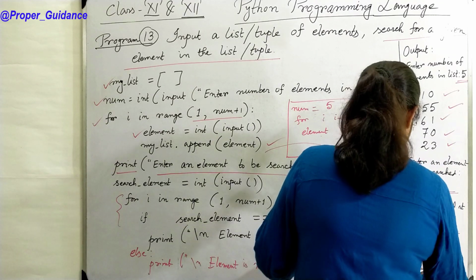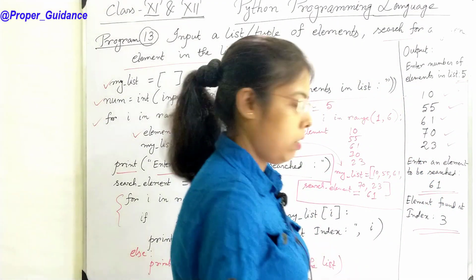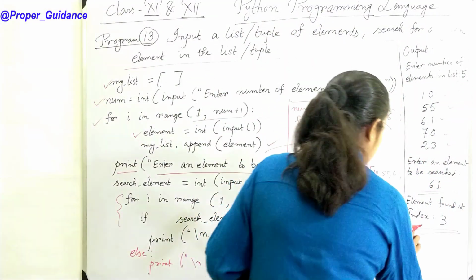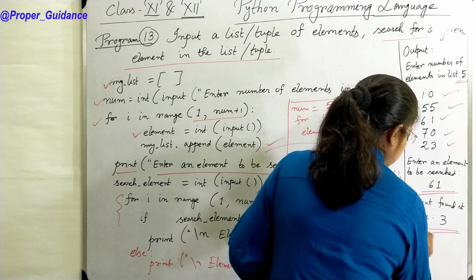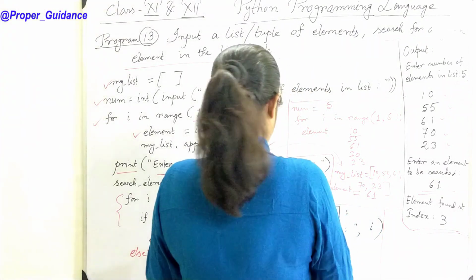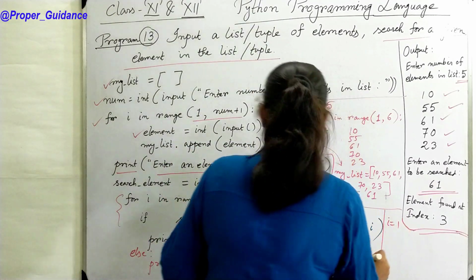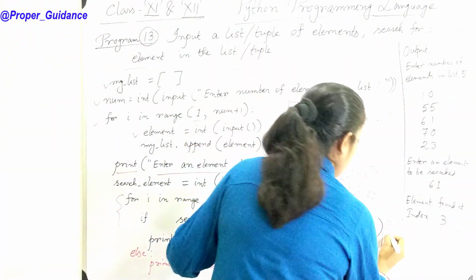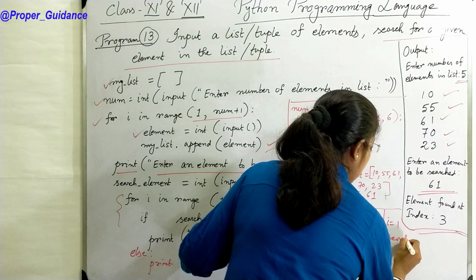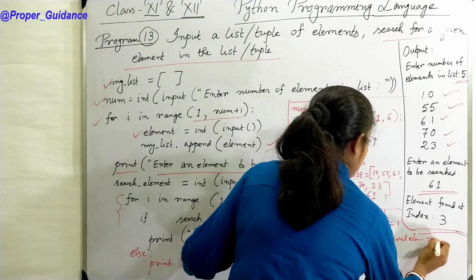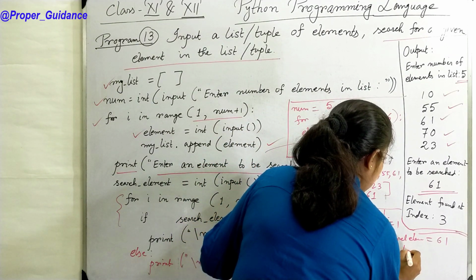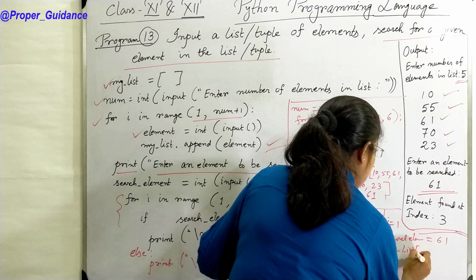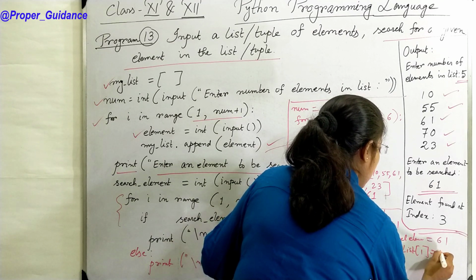When I equals 1, search element equals 61, and my list 1 equals 10.